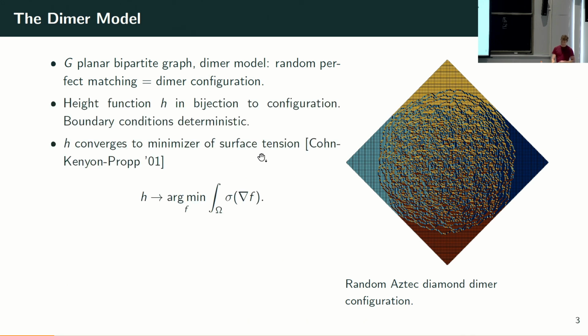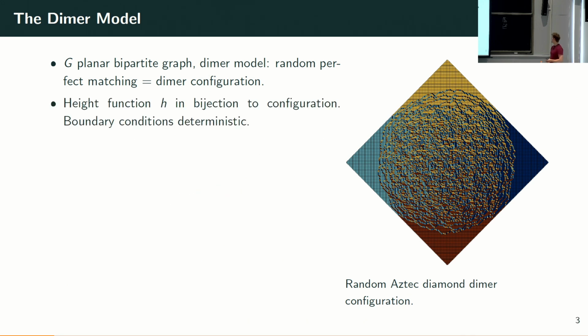I should say that in bijection to these dimer configurations, there is a height function. This is purely defined on a combinatorial level: whenever you step over a dimer, you add +1 or -1.